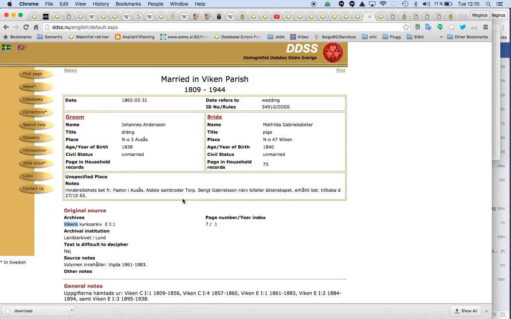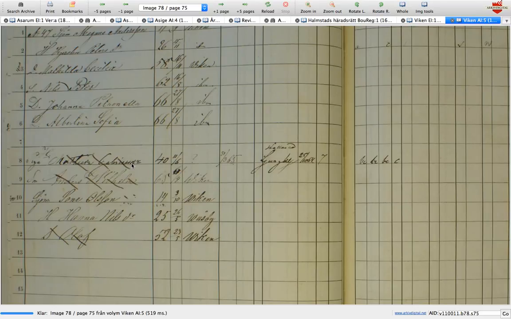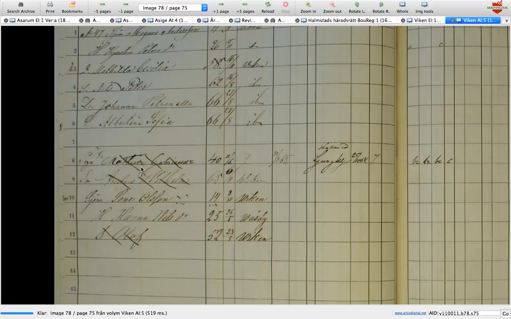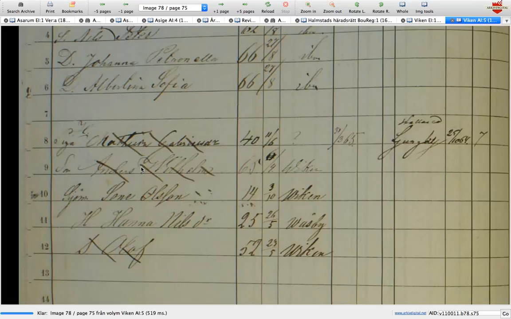And she is born 40. Matilda Gabrielsson. Anders.